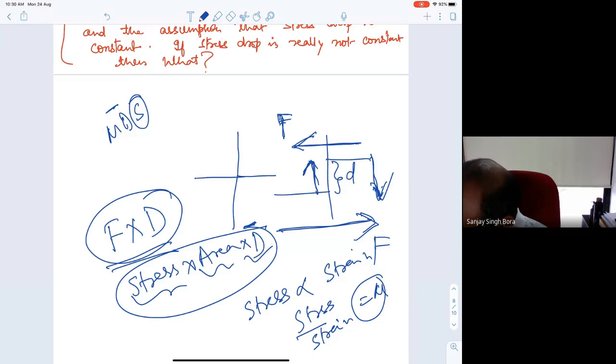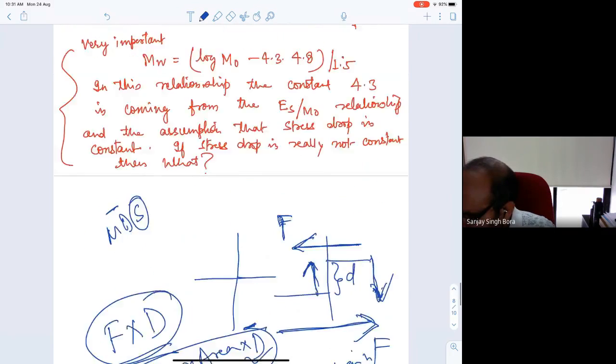So how can I write? Stress should be D into mu. Yeah, I'm not sure if this is correct, but I will try to find it.